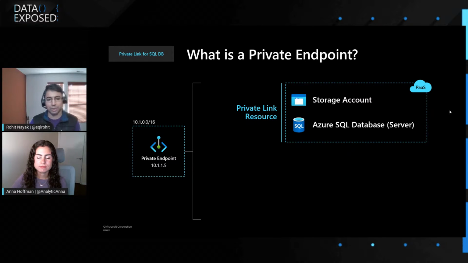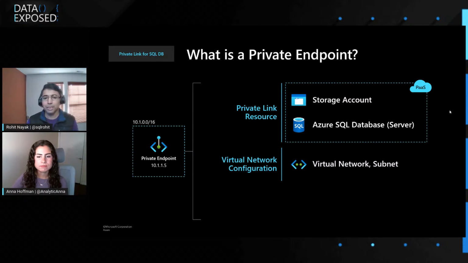Is it a storage account? Is it SQL database? Next, where will this be created? Give me the VNet and the subnet where I can get this IP address from. And then the third thing is the private DNS zone. This is an interesting concept because it's the magic sauce that makes sure that when you try to connect to your logical server, that connection goes through that private endpoint.